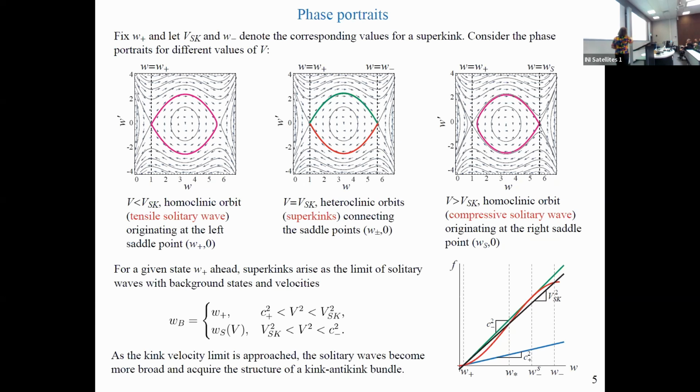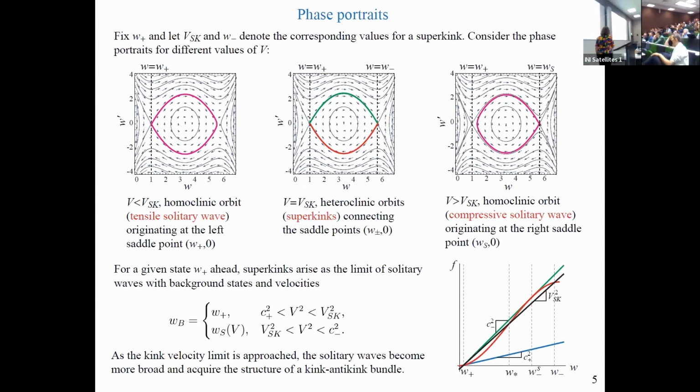So then if I consider the phase plane at exactly the super kink velocity, this is what I see. There are two heteroclinic orbits, the red and the green. These are the two kinks, one going up, the other one going down.